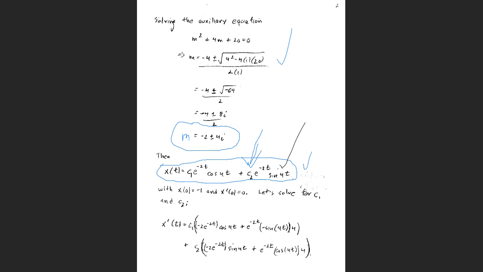Would this mass spring system be considered, we know it's not undamped, but would it be called underdamped or overdamped based on that solution x of t? My initial instincts were to say underdamped. Michael is in agreement with me, but let me tell you why.